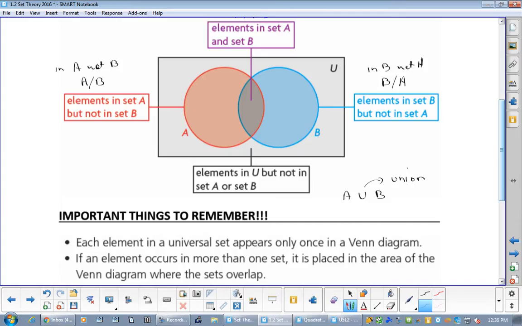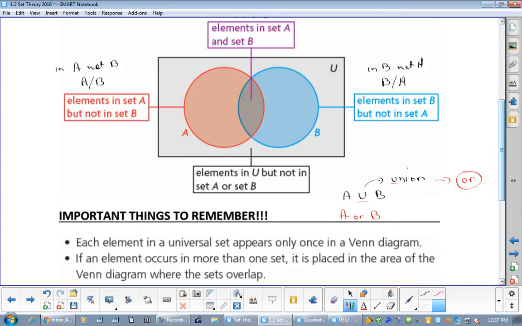Now I think this one's kind of easier to remember because it's the U and the union. Okay? So those two. The other one going the other way is intersection. So intersection is and, union is or. So this means A or B.